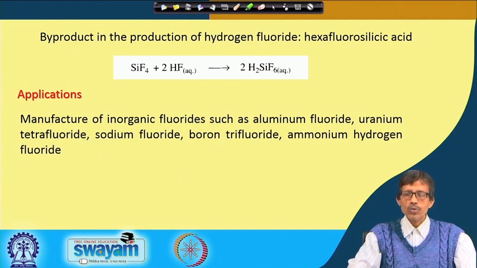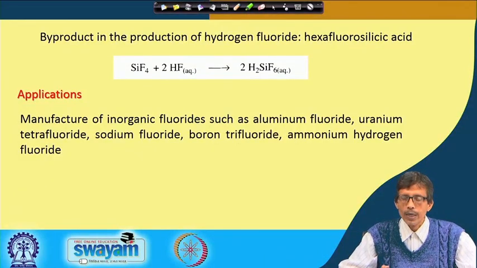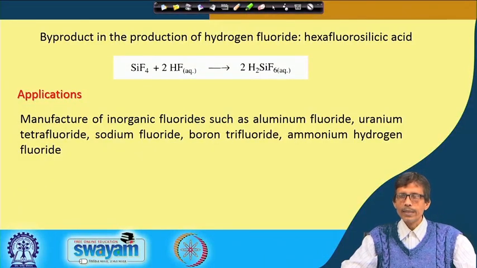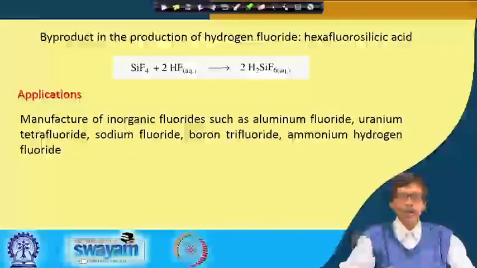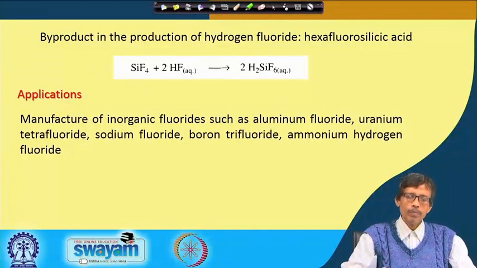Then we use that on a large scale for the manufacture of one such useful inorganic fluoride, aluminum fluoride, because for getting aluminum, cryolite is a naturally occurring material. Similarly, laboratory prepared or industry prepared aluminum fluoride as cryolite, Na3AlF6, can also be utilized for aluminum production.